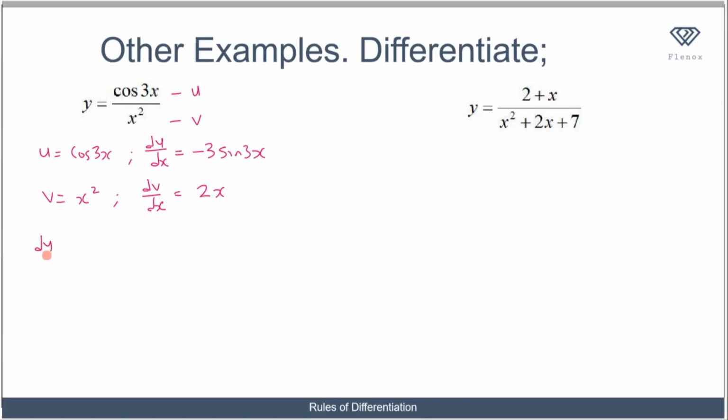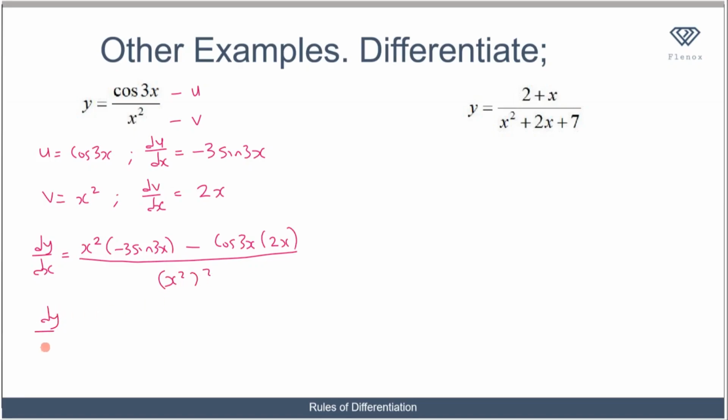So dy over dx will be equal to, now we have the denominator, which is v in this case, x squared, times the derivative of the numerator, which is minus 3 sine 3x, then minus the numerator, which is cos 3x, multiplied by the derivative of the denominator, which is what, 2x, then everything will be all over the denominator squared, in this case x squared all squared.